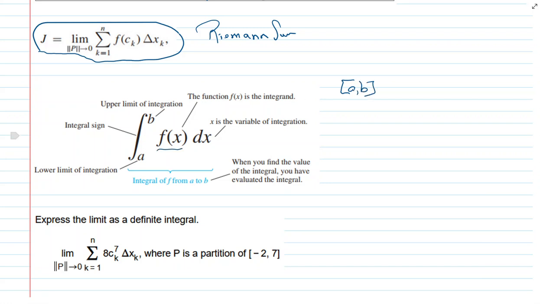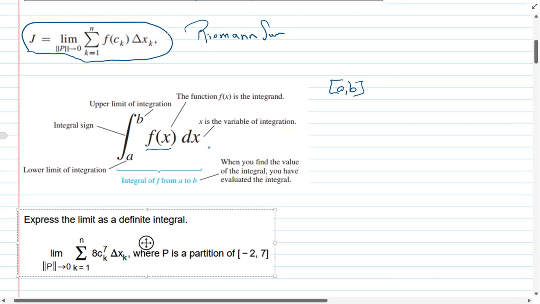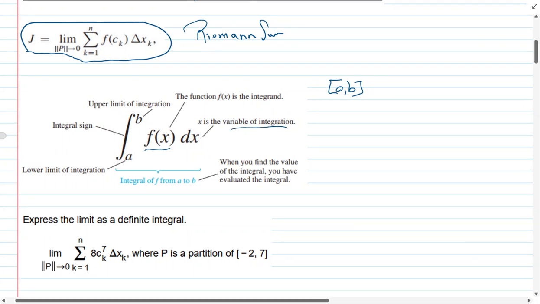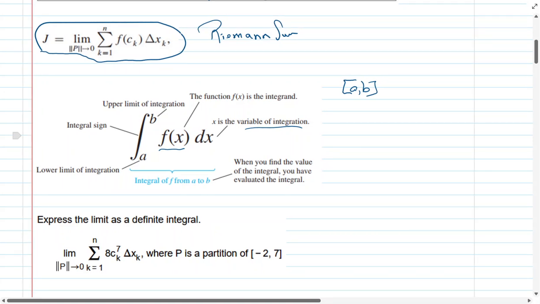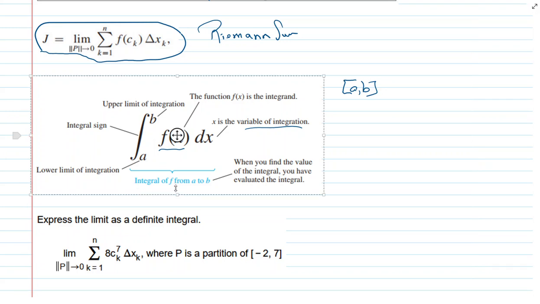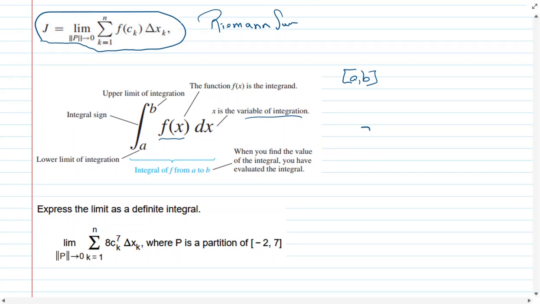Then the function of x is called the integrand, and dx is the variable of integration. And this is the integral from a to b of f of x dx. So that gives you an idea.